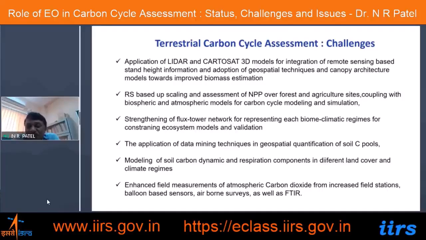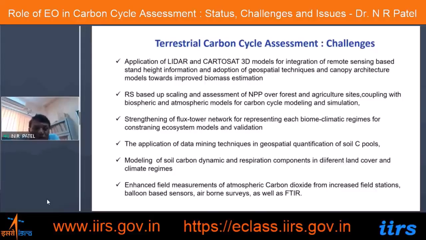All can be constrained with the available network of flux tower observations to improve the accuracy of carbon budgeting. Then we also need to strengthen flux towers and assimilate flux tower observations directly into ecosystem models. That is another area of developing assimilation technology.